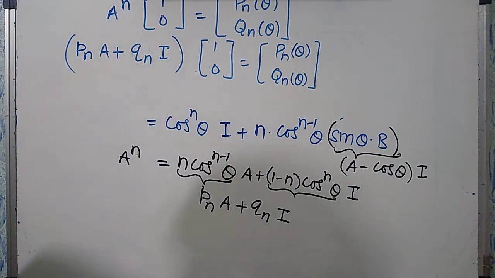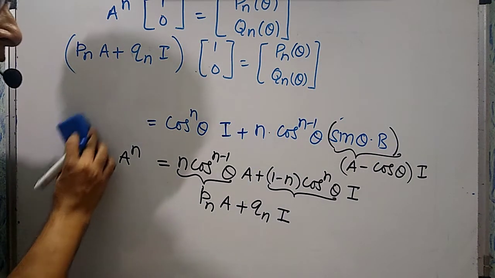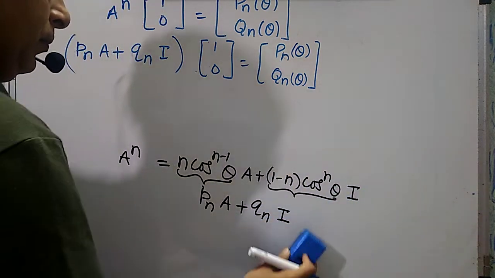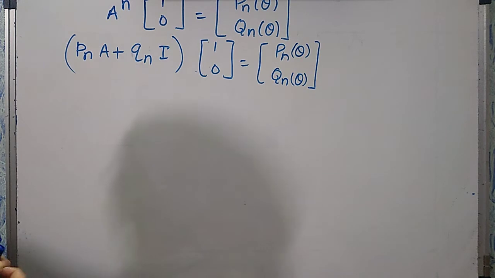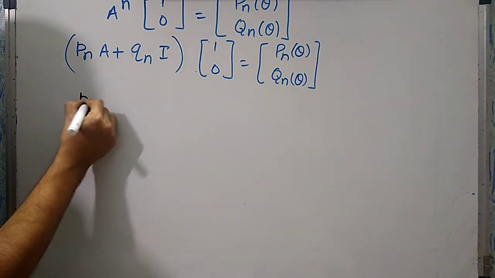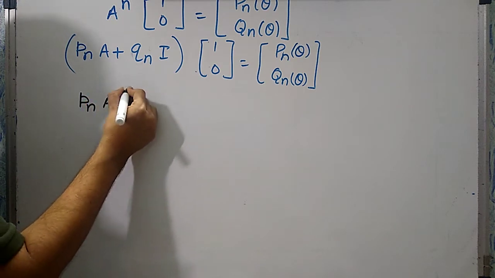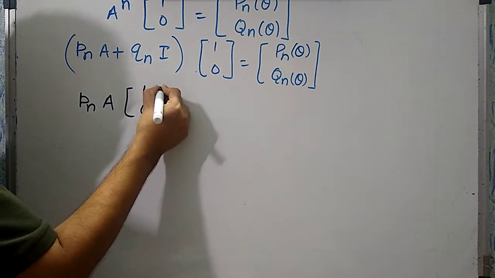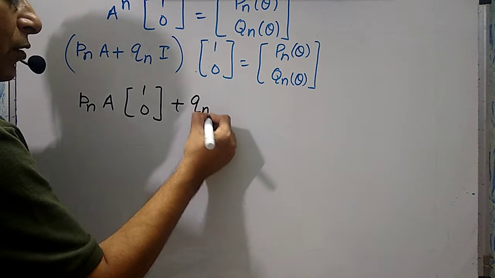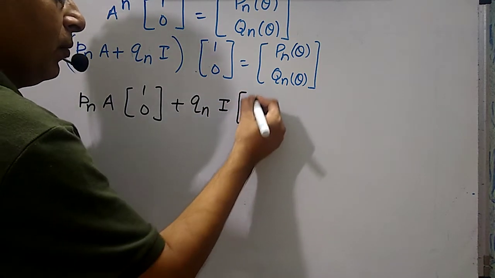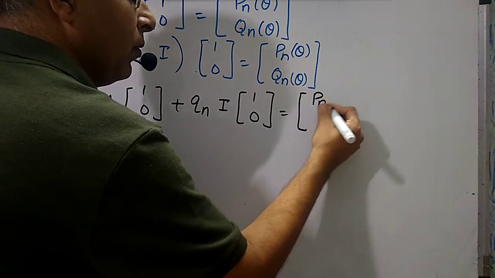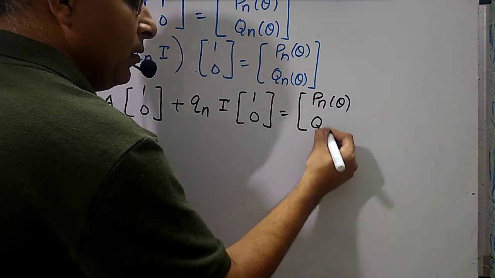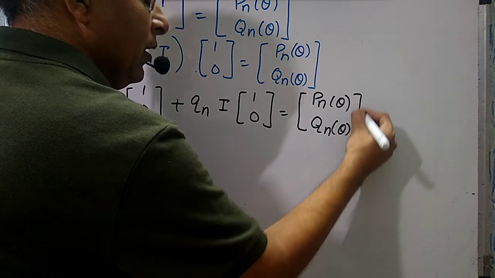Alright, now then we have to write pn A multiplied by [1; 0] + qn I multiplied by [1; 0] = matrix [Pn(theta); Qn(theta)].